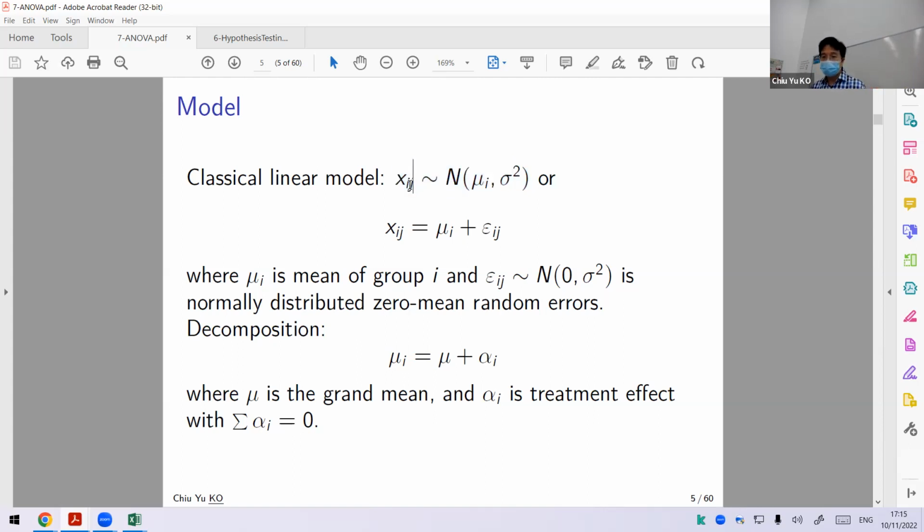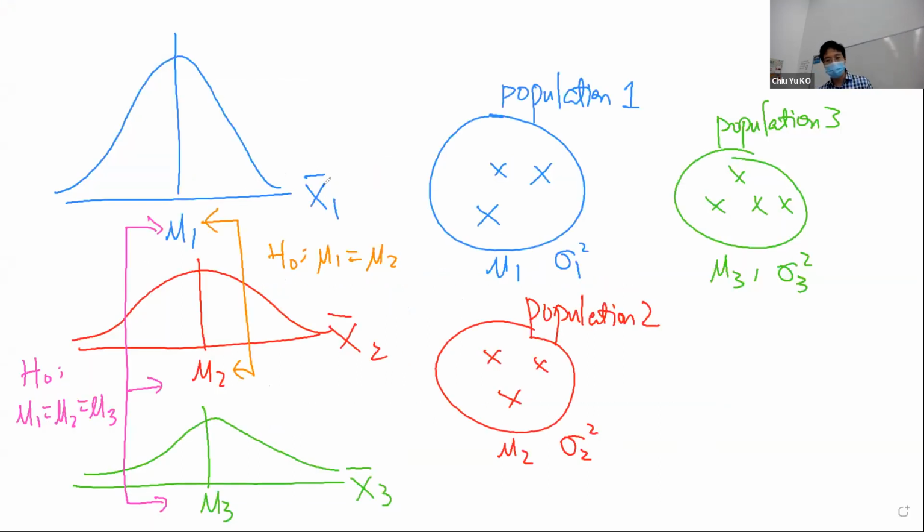And group i has the mean mu i. This is nothing but just saying that X1 has a bell, X2 has a bell, and the white and green each has a bell. And it says more than that, because it's not only the mean, but the underlying is also a bell.